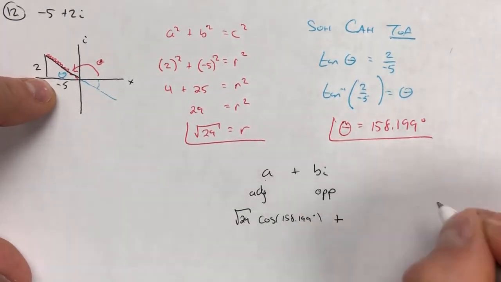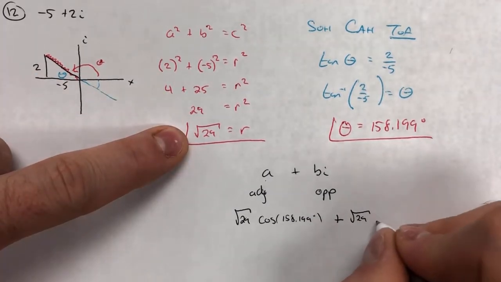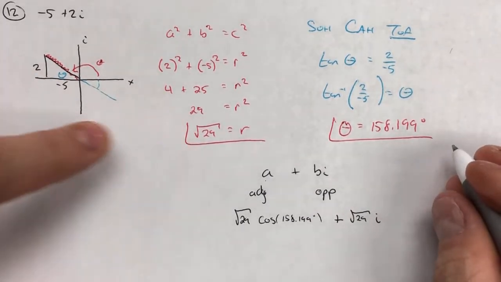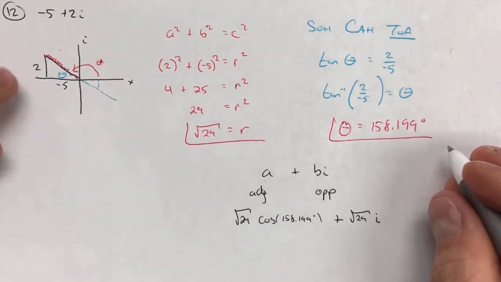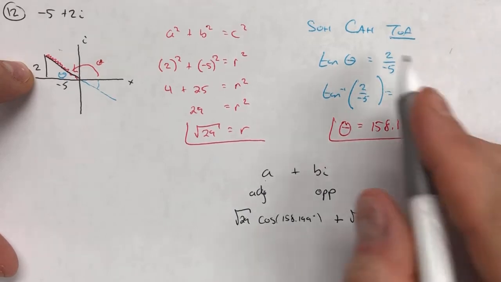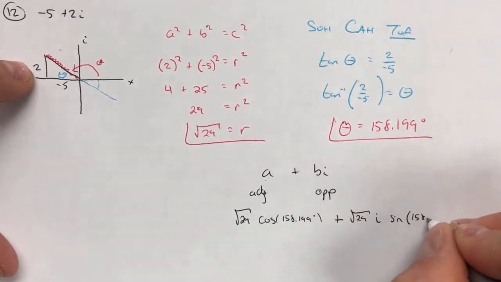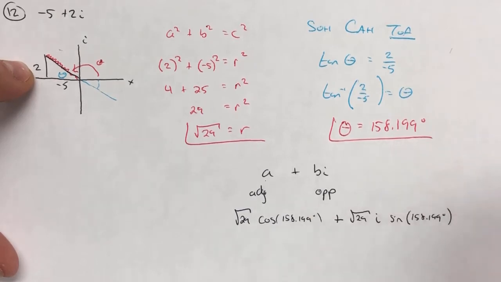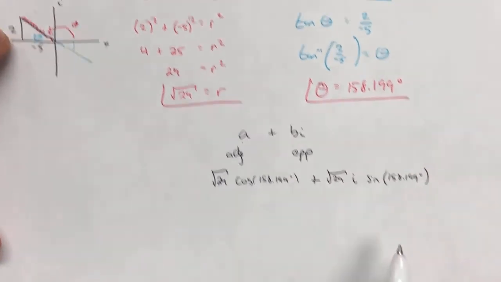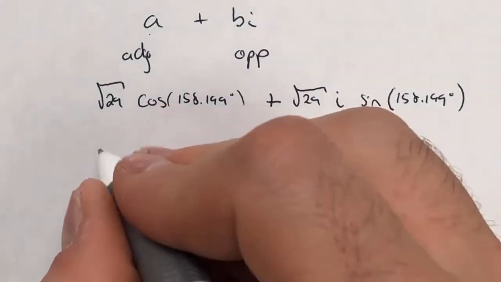And then I'm going to add my modulus, which is root 29. This time I'm going to plug in an i, because I have to denote that it is in the imaginary direction, of the sine, because the opposite is going to be my sine trig function, sine of 158.199 degrees. And then the last thing that we do when we do trigonometric form is we tend to factor out that root 29.